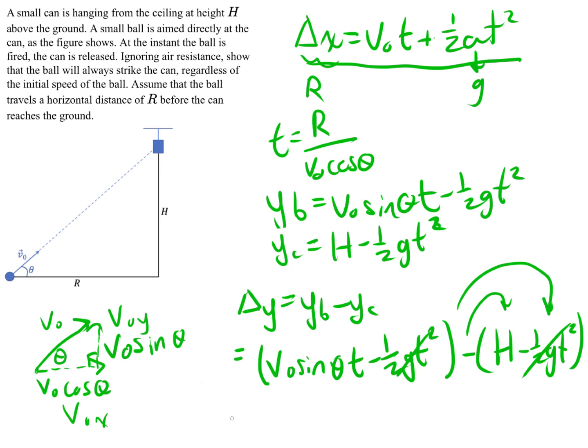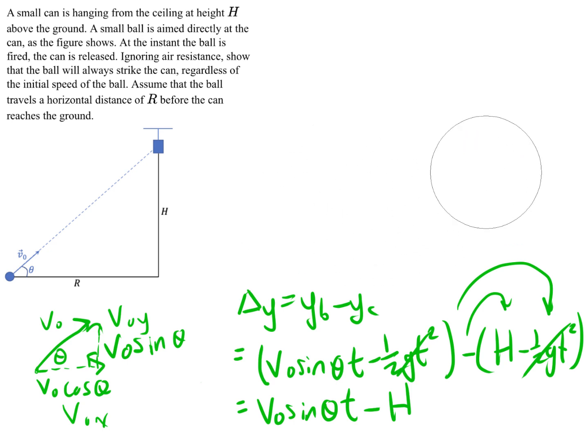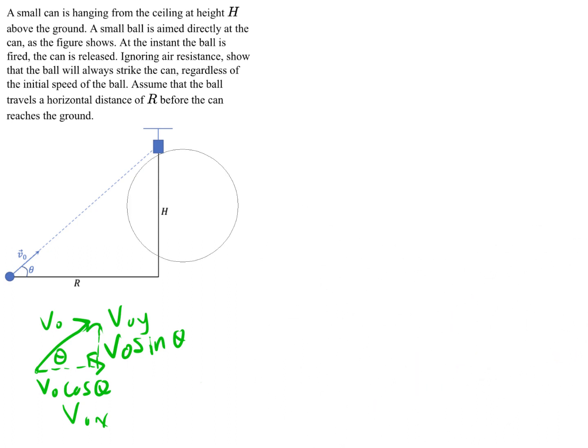So what we're left with is simply the initial velocity times sine theta times the time minus h, and that is the difference in y between them. So this is why I didn't plug in t yet. This is to keep it simple, so that you don't have to write as much and do as much work.